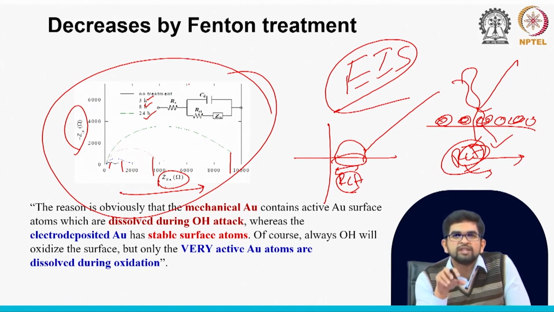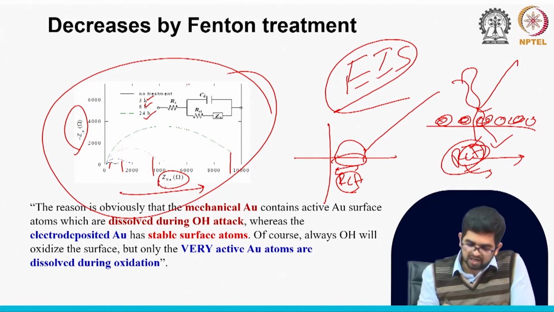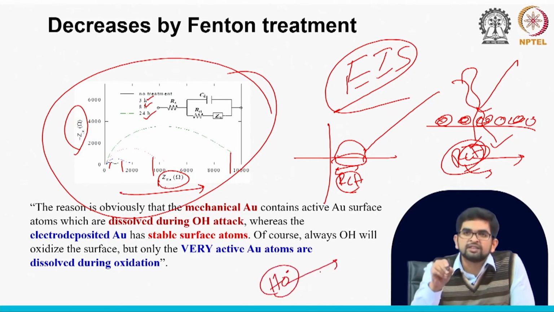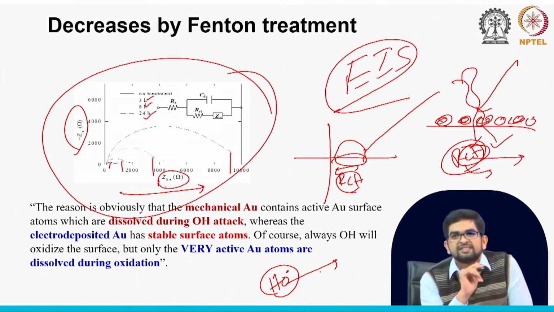Mechanically, when we polish the gold electrode, it has some active sites of gold. Those active sites can be dissolved during the hydroxyl radical attack. So the hydroxyl radical can attack the gold active sites, especially in the disc electrode case, and dissolve them easily. That is why you get a smoother surface.